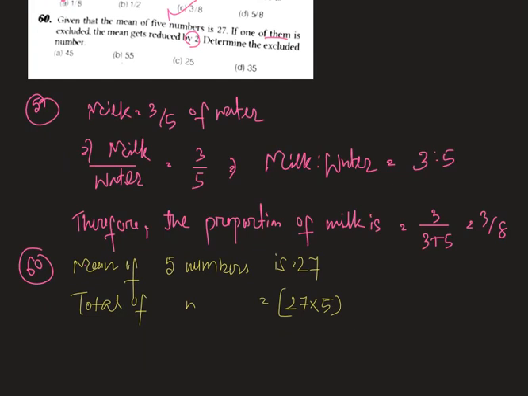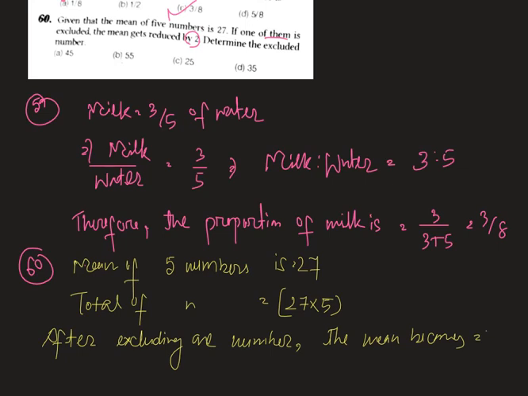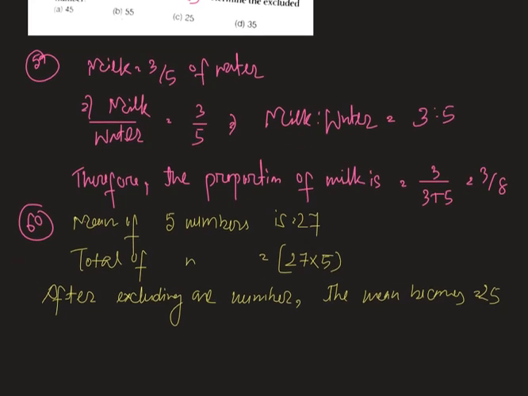Now one number is excluded and the mean gets reduced by 2. After excluding one number, the mean becomes 27 minus 2 equals 25.